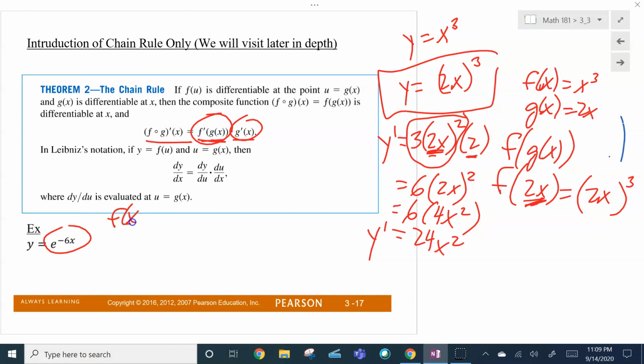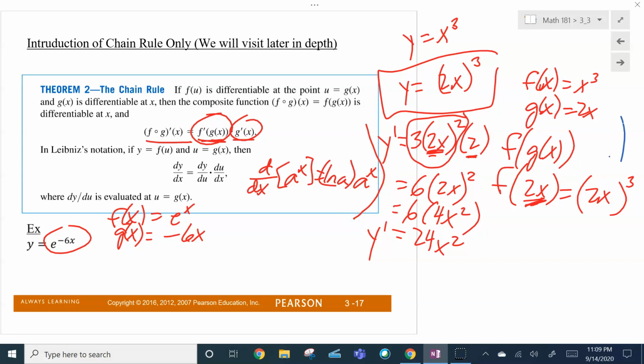Over here, we've got another composite function. Our f of x is e to the x. Our g of x is negative 6x. What we need to remember is the derivative of a to the x is ln a times a to the x. Don't forget that. So when I take this derivative, it's ln of e, and this stays the same, e to the negative 6x.